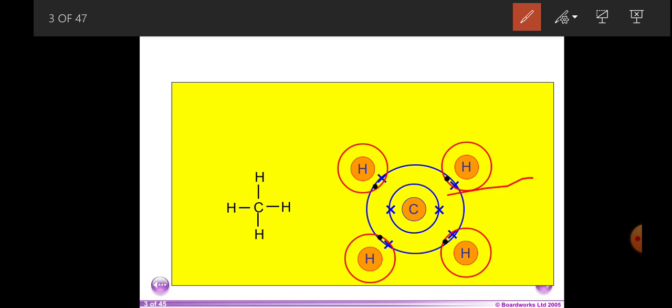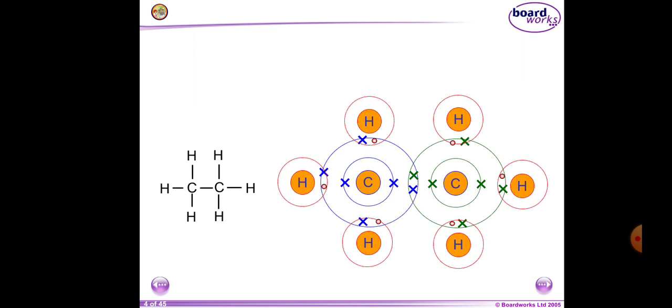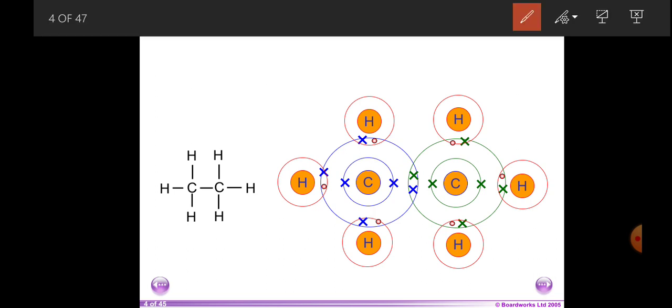We can see another example here, and in this case we have something that looks weird. In this example of bonding, we have carbon which has bonded with another carbon. Carbon has the ability to form a bond with carbon, and that is called catenation.